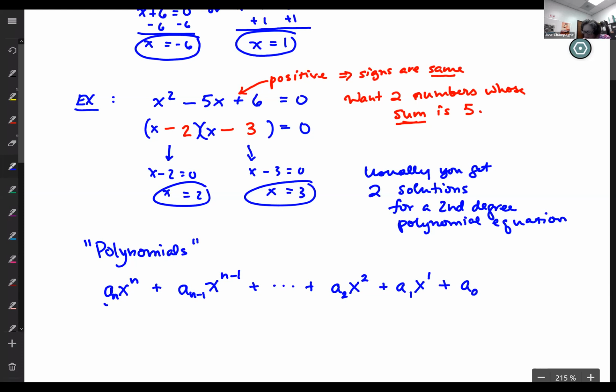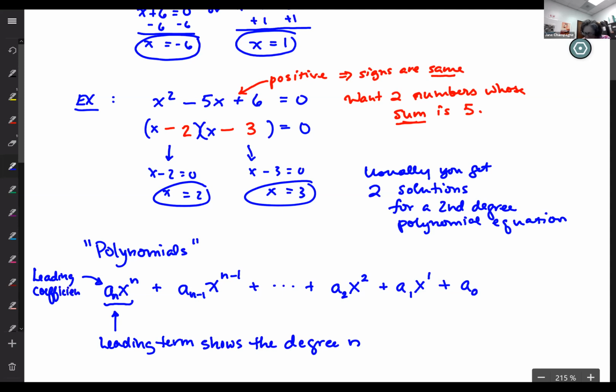So you have this leading term that has the highest power of x, and it shows that it is of degree n. The number in front is called the leading coefficient, which is going to tell us some things about the graph. The number at the end is just called the constant term.